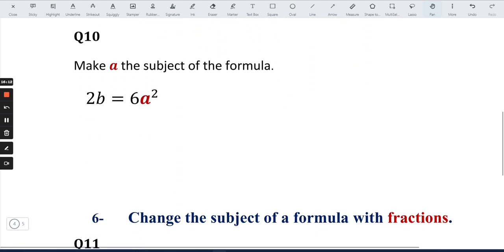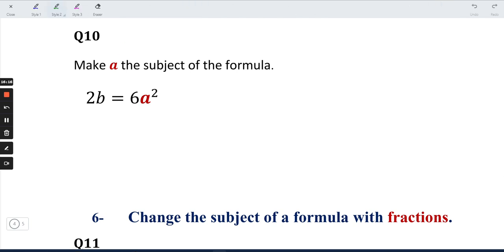Here we have also another question about square. We need to rearrange the formula to make a the subject of the formula. Here we have 6. So first we have to cancel out 6, then we will cancel the square. So let's do it now. First we will divide by 6 on both sides.